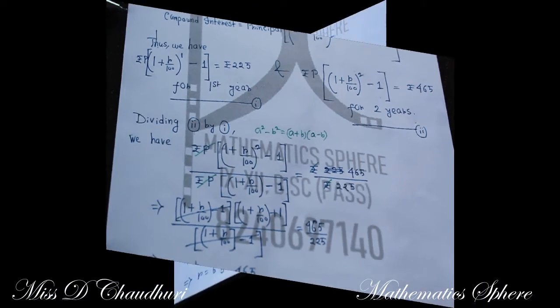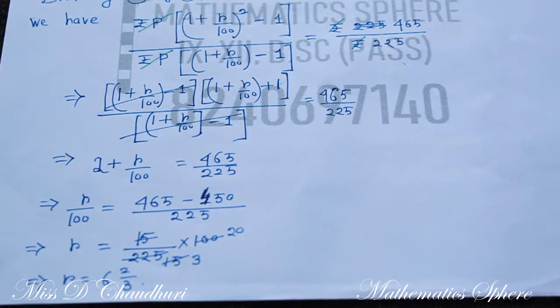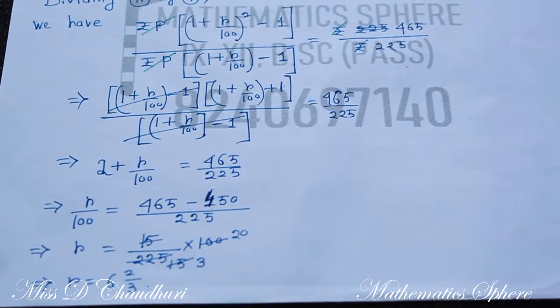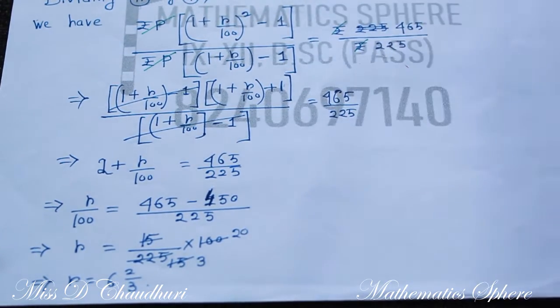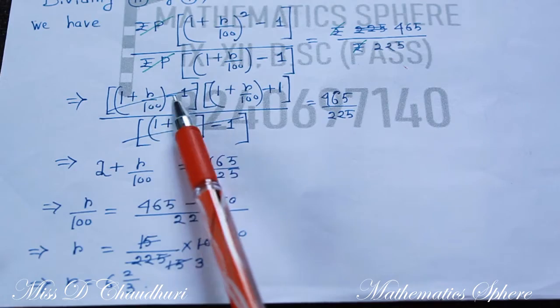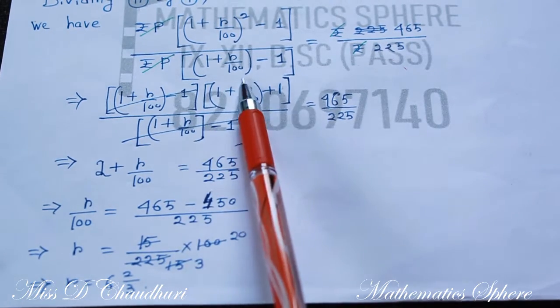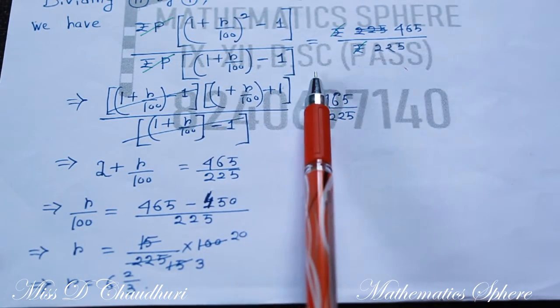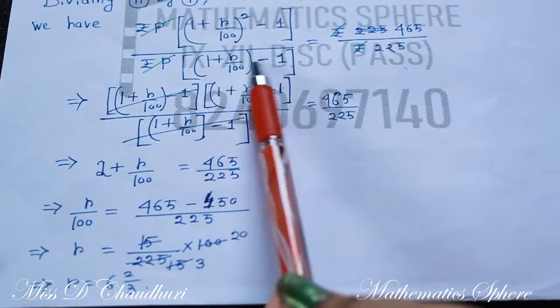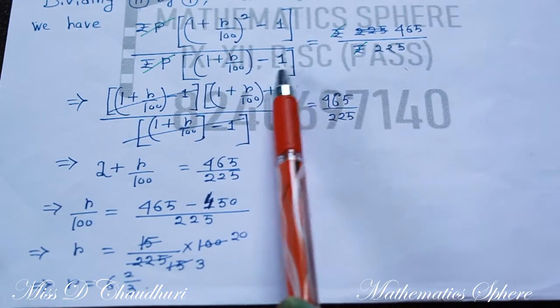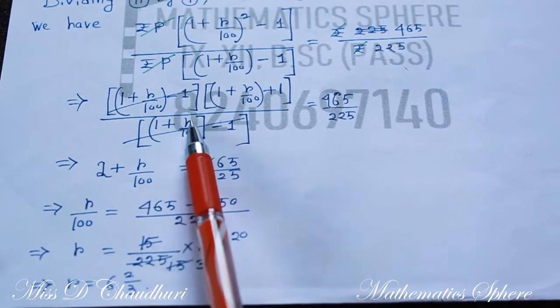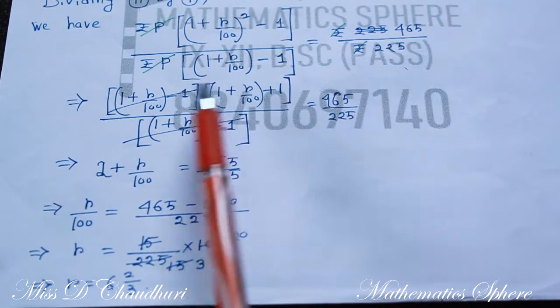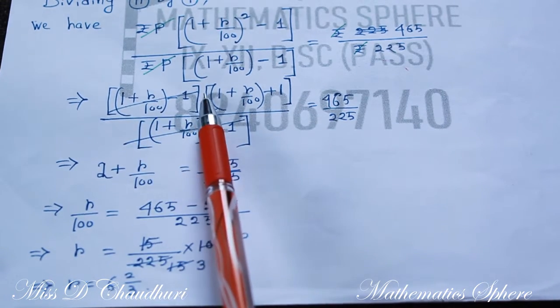Now see this. We have divided it. This one is a squared minus b squared and this one is a minus b, so it factors as a plus b. In the numerator we had this minus part, 1 plus R by 100 minus 1, and here also in the denominator 1 plus R by 100 minus 1.